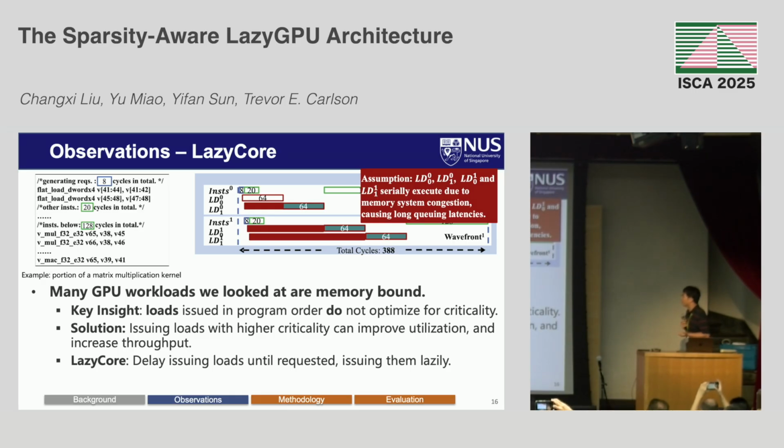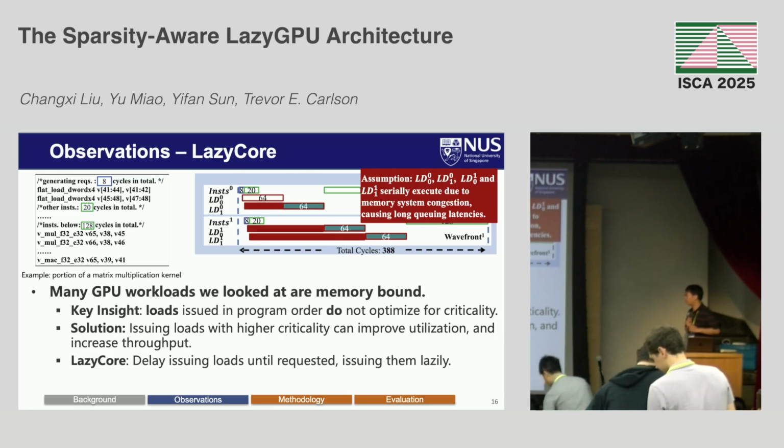For example, if we look at these ALU instructions, they just require the second memory request to be satisfied, and then they can execute. However, they are blocked by the first memory request. And another thing is that even if we don't depend on wavefront 1, we still need to wait for all the memory requests to be finished.